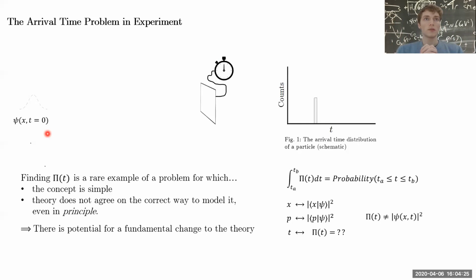Now, we expect that even when one starts with exactly the same initial state, and even in an idealized setup where there are no errors, the arrival time is random. It's the same sort of quantum randomness that you can imagine in other variables, loosely speaking.